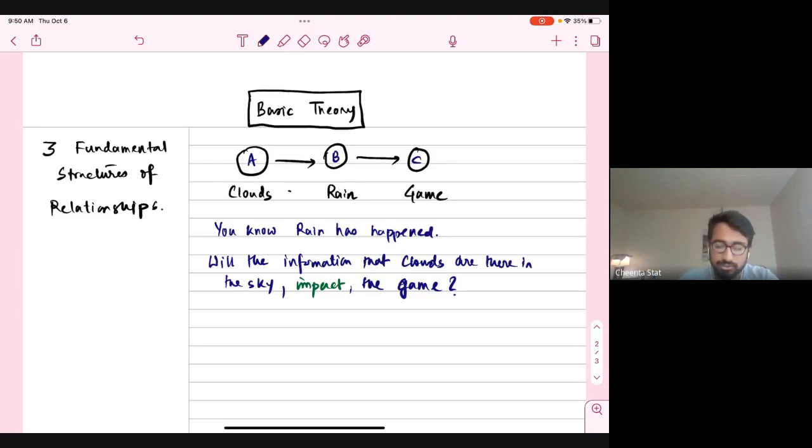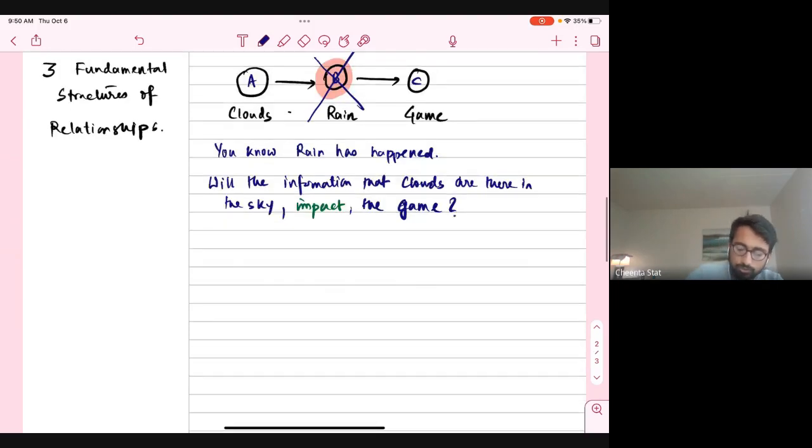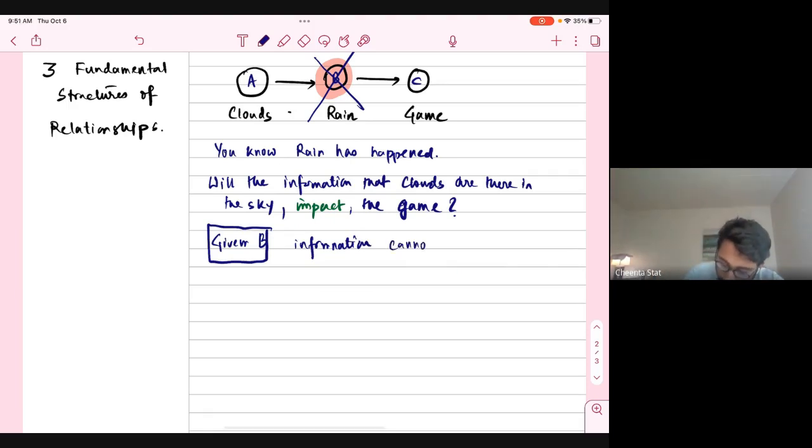So, in other words, when we know B, the status of B, this blocks the information pass from A to C. So given B, information or message, everything you can say in probability is in terms of information, cannot pass from A to C.